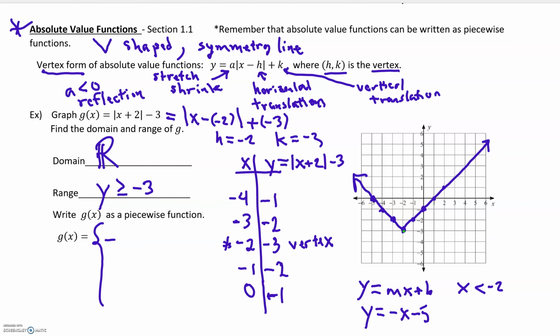So one half of our graph is given by the equation y equals -x minus 5. That's for x less than -2. And then if x is greater than or equal to -2, the other piece of the graph, we're following a line with a slope of 1.